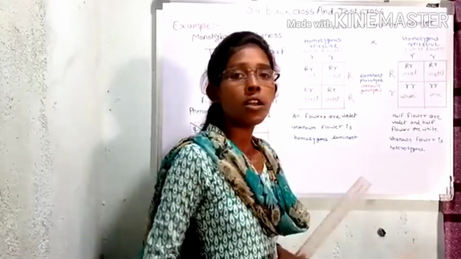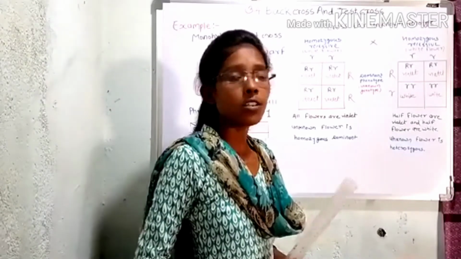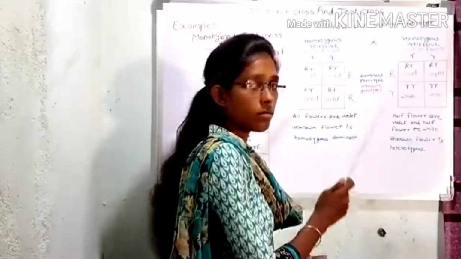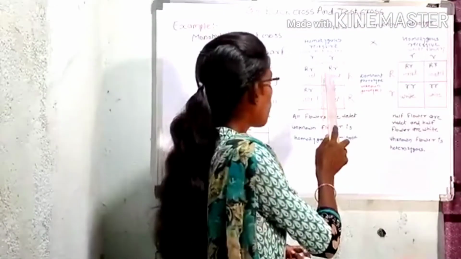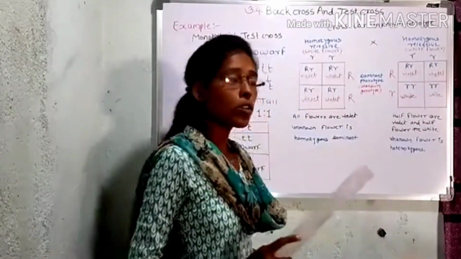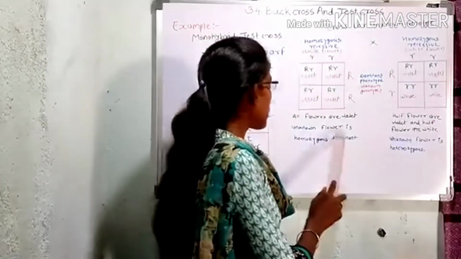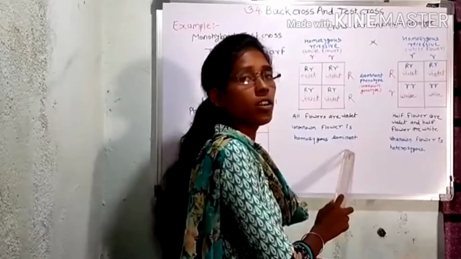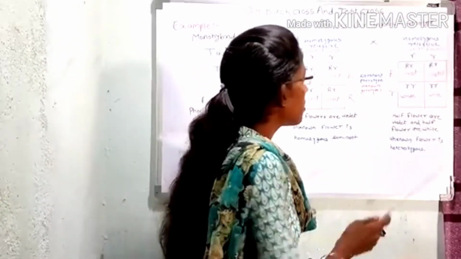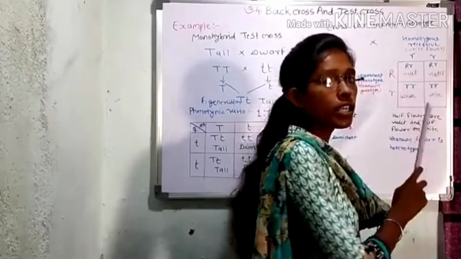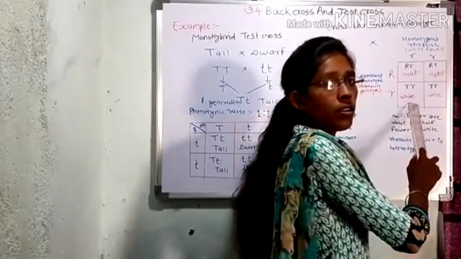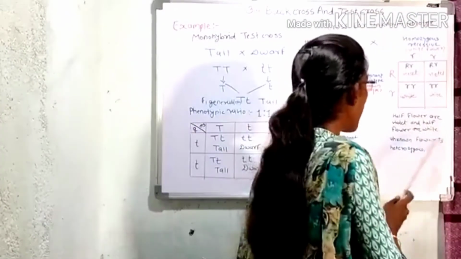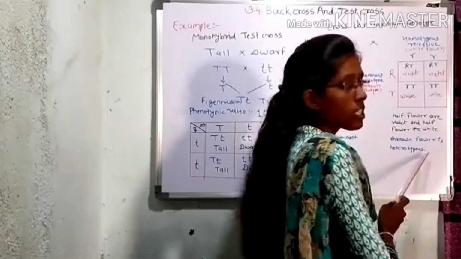After crossing the unknown dominant flower with the recessive flower, we get the next generation. If all flowers have a violet color, we conclude that the unknown flower is homozygous dominant. If after crossing we get half violet and half white flowers, we conclude that the unknown flower is heterozygous.